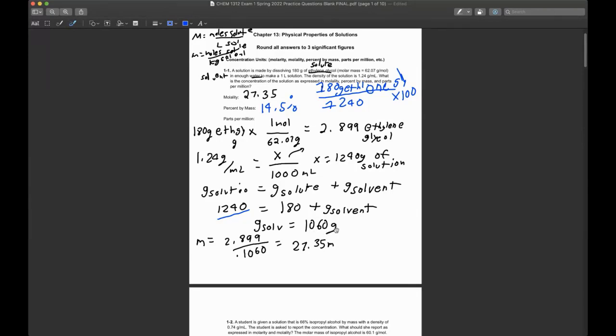Wouldn't the equation be 2.899 divided by 1.060? Okay, let's see. So we have the grams, right? Divided by, yeah, you bring up an extra point. Yeah, good point. So a good thing to remember is, check your basic math. So yeah, excellent catch, Murtaza. Thank you.